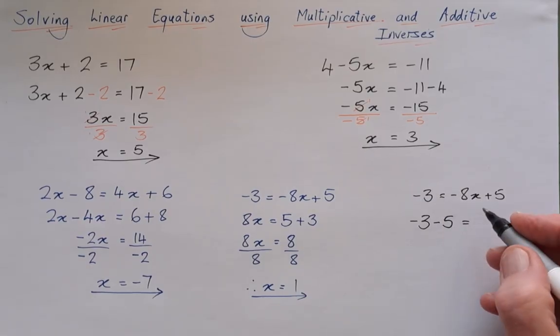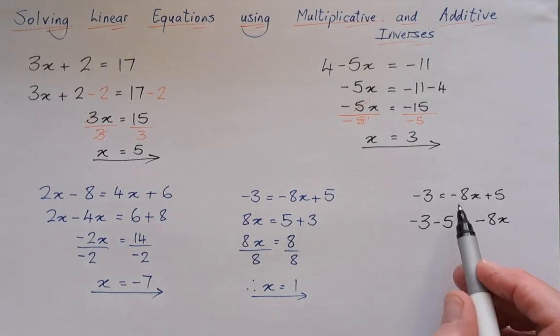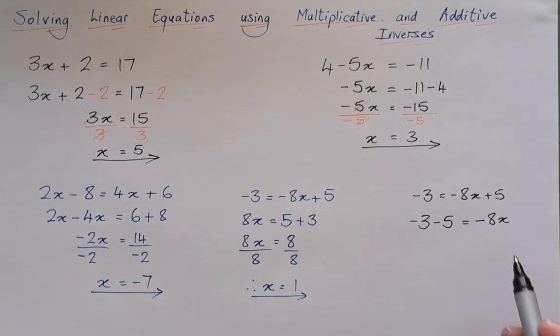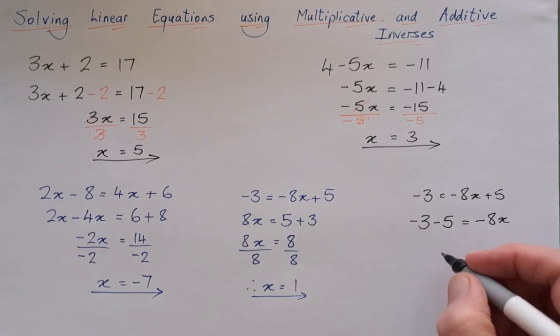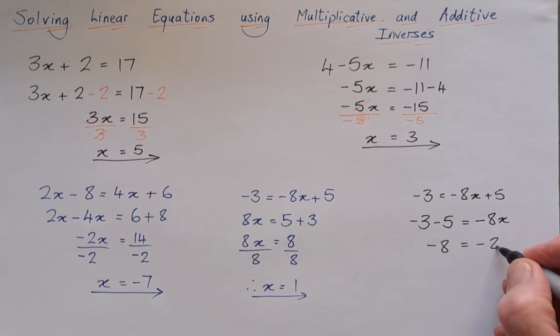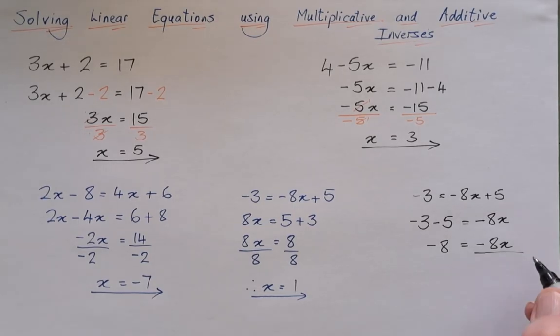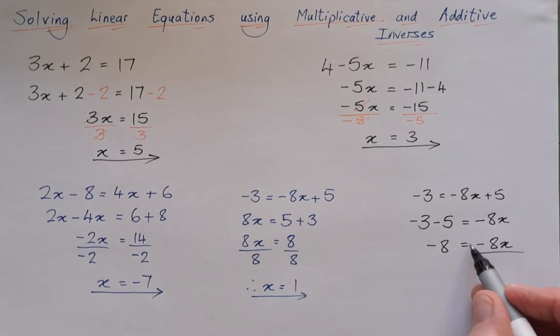And on the right-hand side, I have negative 8x, and it is remaining negative 8x because I haven't moved it to the other side. So negative 3 minus 5 is negative 8. And here I have negative 8x. Whether your x is sitting on the right-hand side or, as it was here, sitting on the left-hand side, it makes no difference. You want to solve for 1x, so you're going to divide by exactly what the coefficient is.